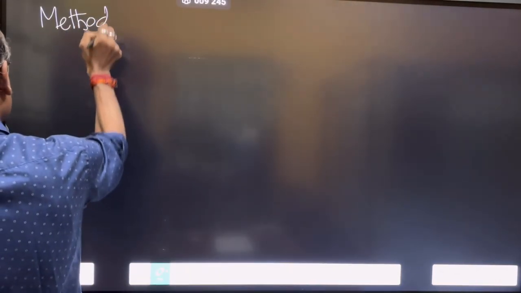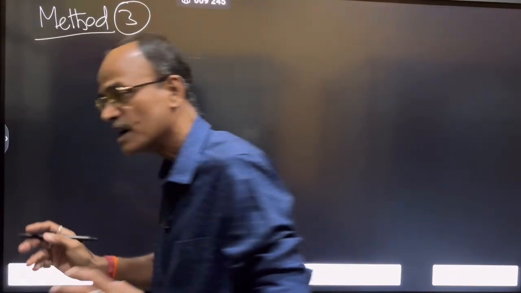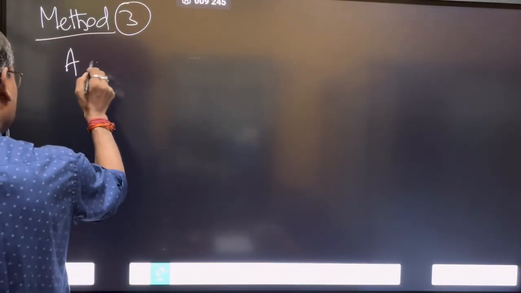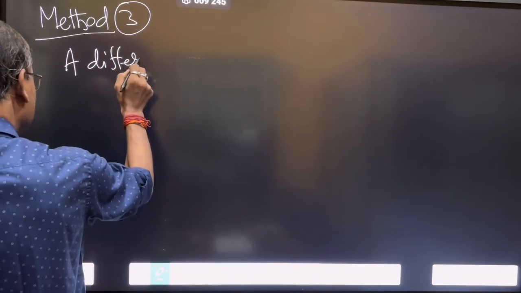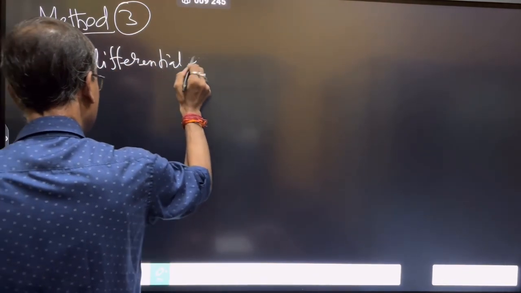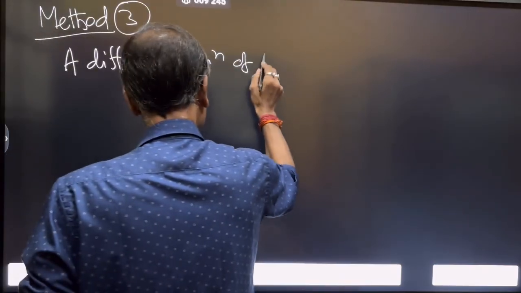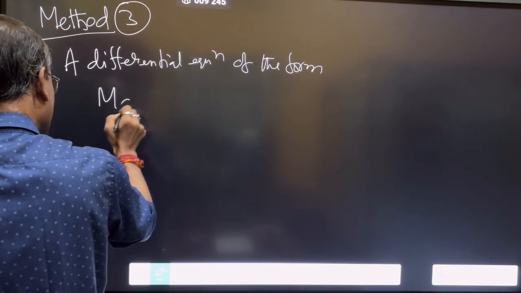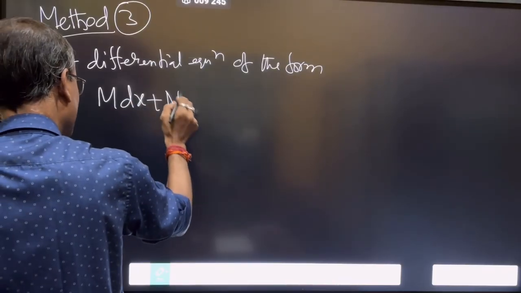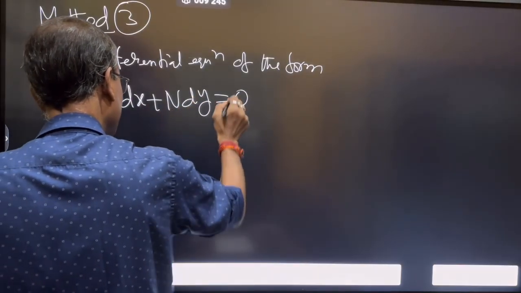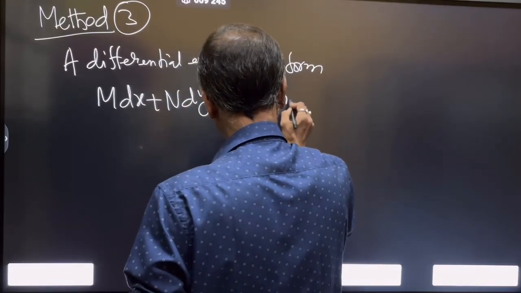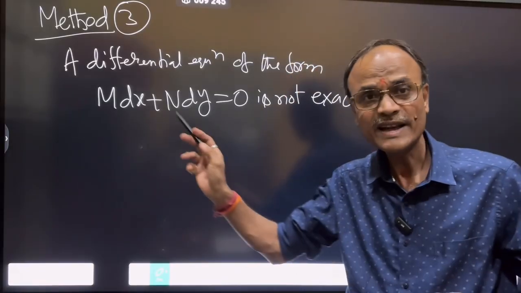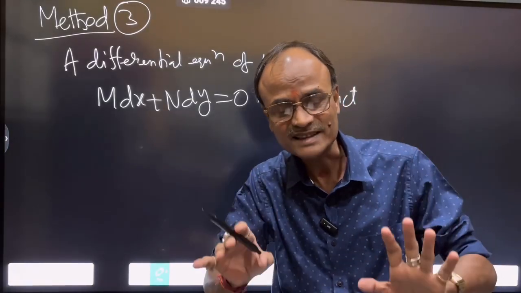A differential equation is not exact, but it is homogeneous. Suppose a differential equation of the form M dx plus N dy equal to 0 is not exact, where M and N are functions of x and y.